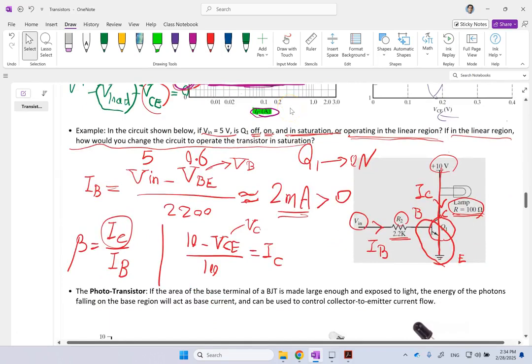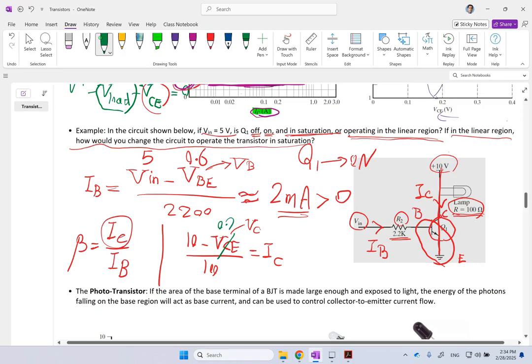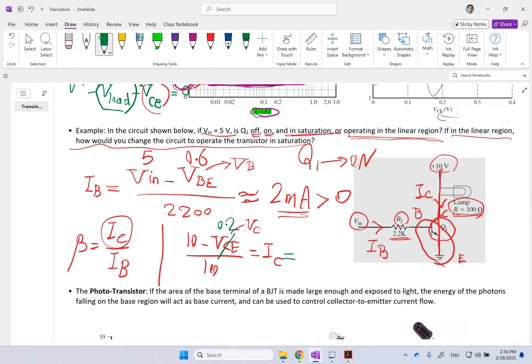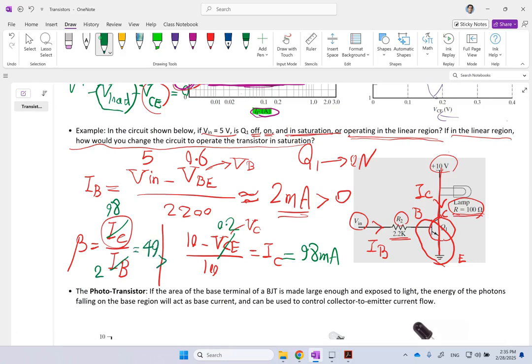So if I replace that with the 0.2 in this case, and calculate IC, you can see that your IC is going to be about 98 milliamps. And if I plug in 98 milliamps here and 2 milliamps for IB, the ratio for beta that I get is 49, which is quite a bit bigger than 20.